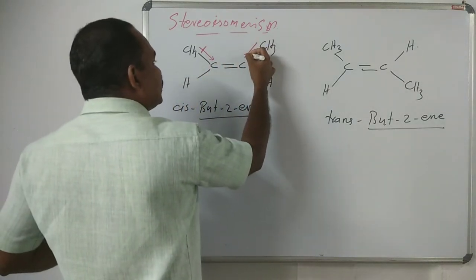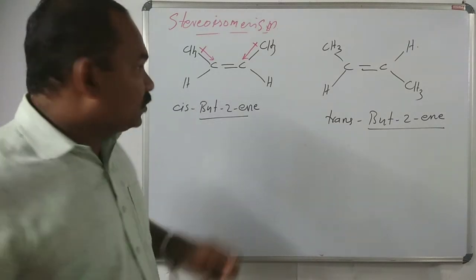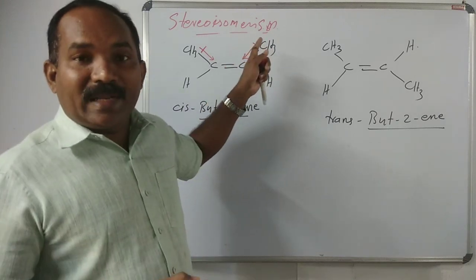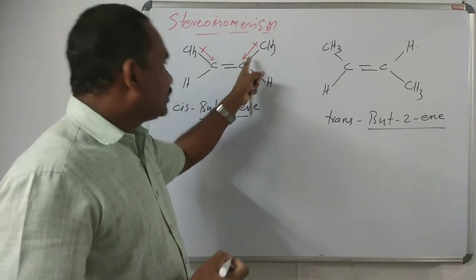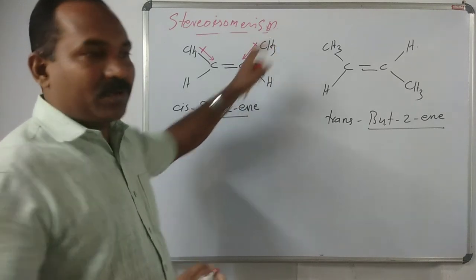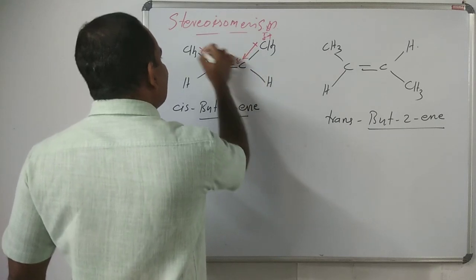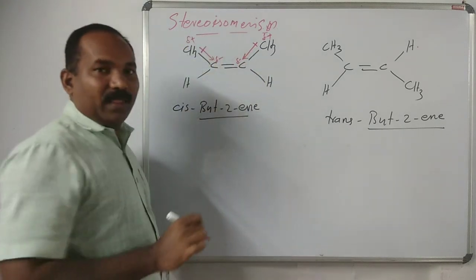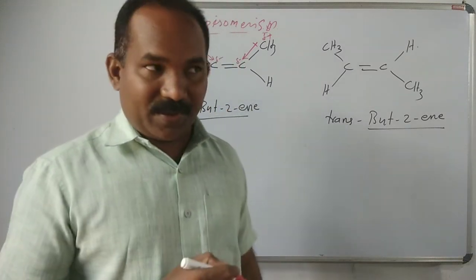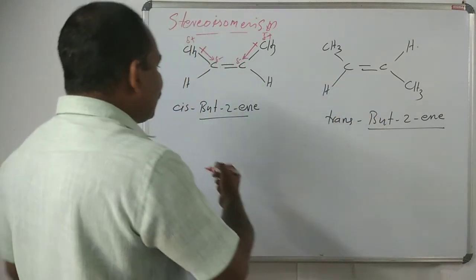The other CH3 group also has a plus I effect. So two polar bonds are developed here, partially negative and partially positive: delta plus, delta negative, delta negative, delta plus. And you know that hydrogen atoms are neither plus I nor minus I.